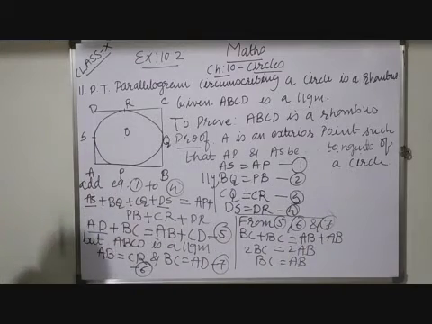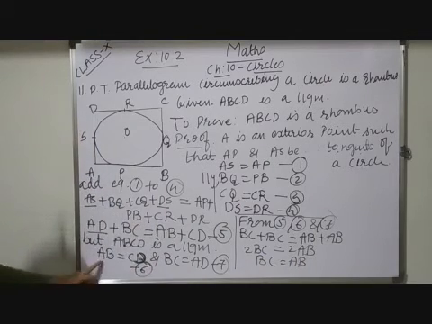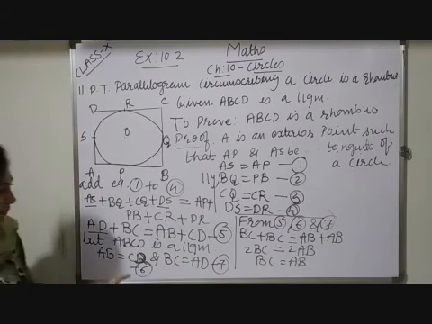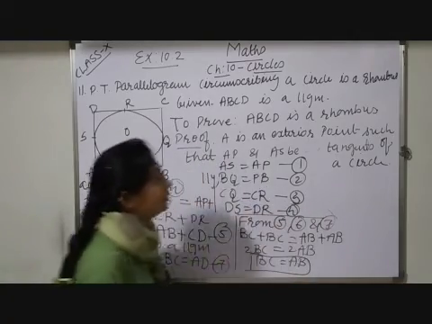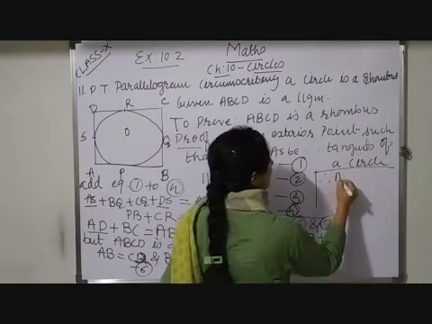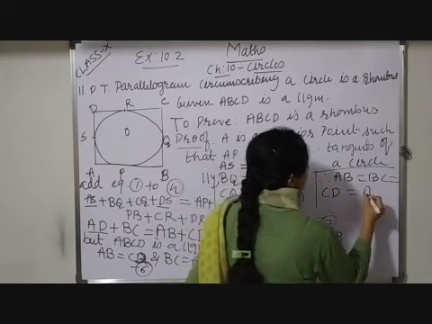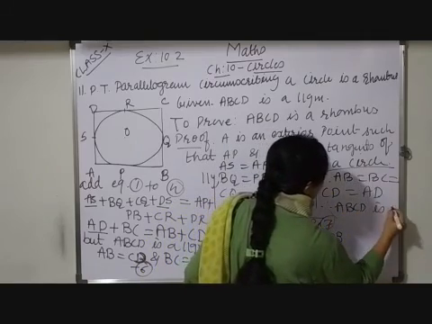Sorry, here AB is equal to CD, it was D. So AB is equal to CD and BC is equal to AD. From equation numbers 6, 7 and this result I can conclude that all 4 sides are equal. So AB is equal to BC is equal to CD is equal to AD. Therefore ABCD is a rhombus.